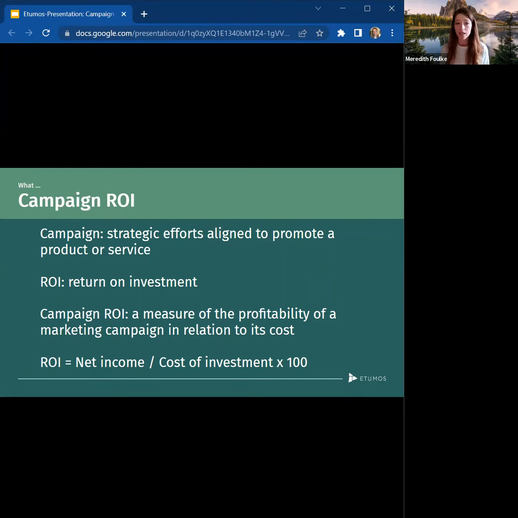And ROI is the return on investment. So putting them together, campaign ROI is a measure of the profitability of a marketing campaign in relation to its cost. The formula for calculating ROI is taking the net income, dividing it by the cost of the investment, and multiplying it by 100 to get a percentage.